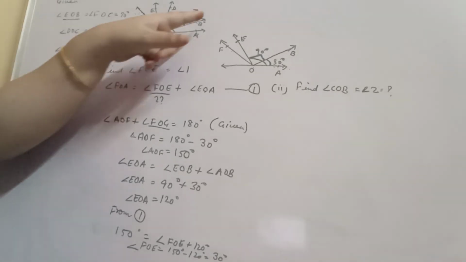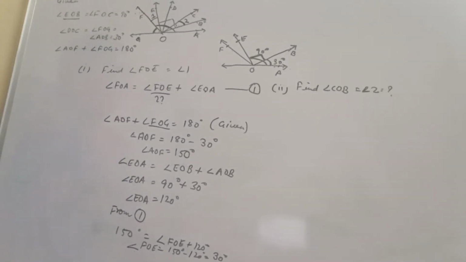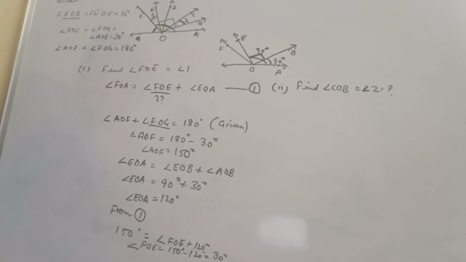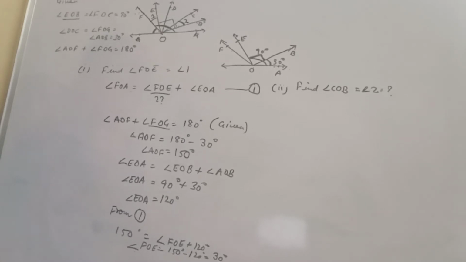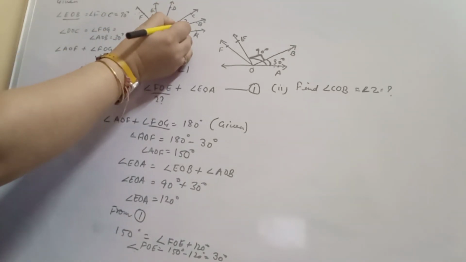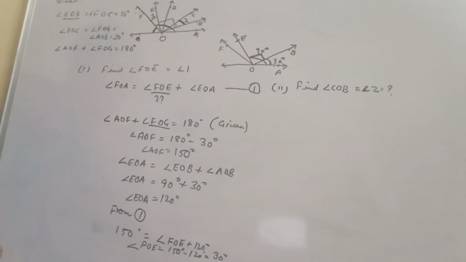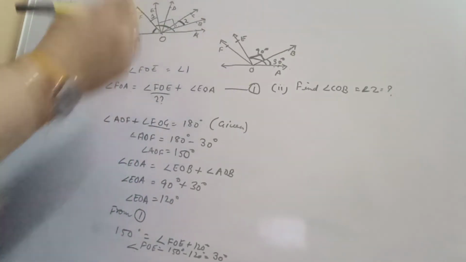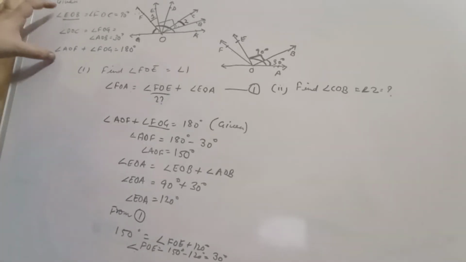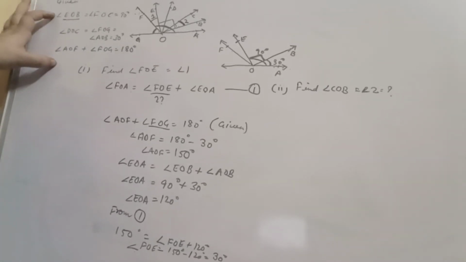How to find COB? Now again in this case, see here, a number of angles are there. Now you have to see how I will recognize the angle. So COB is given here. You only see the given parts.